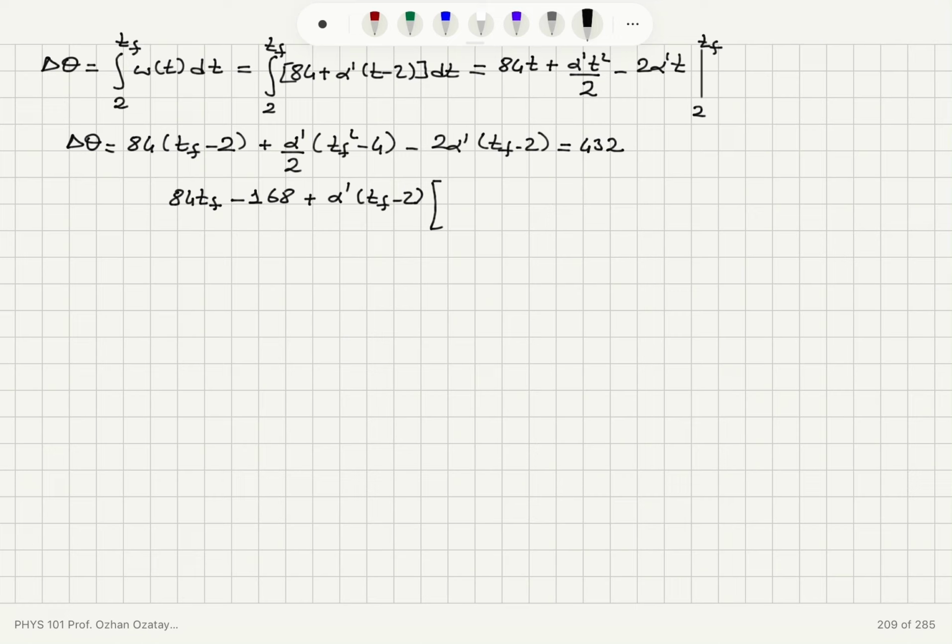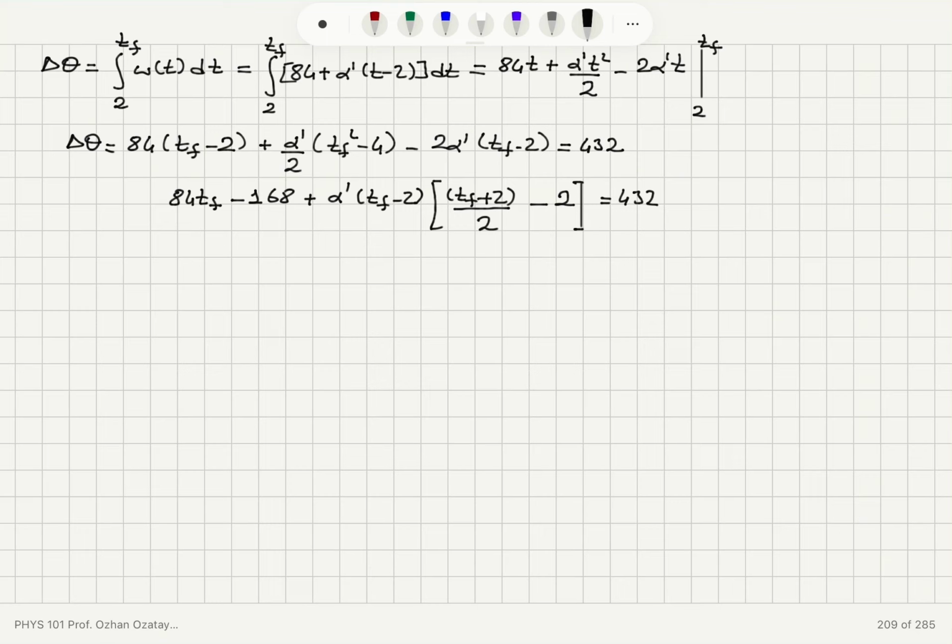So this term alpha prime (t final minus 2)(t final plus 2) divided by 2, that's the first alpha prime term here. And then alpha prime (t final minus 2) times a minus 2 for the second alpha prime term. So this is to give us 432 radians.